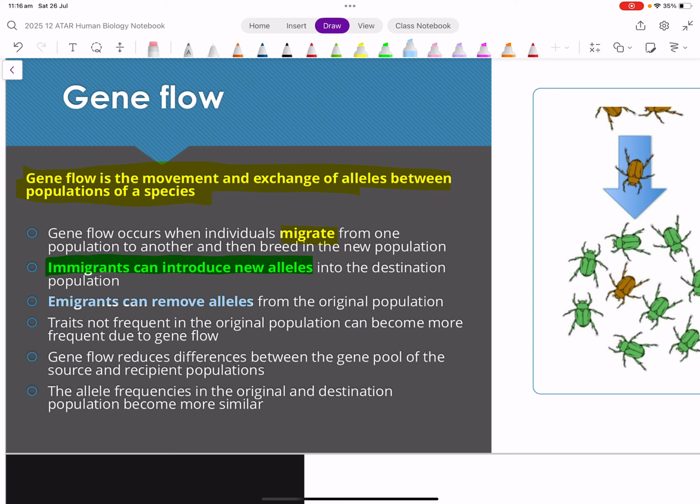Now, what occurs commonly with gene flow is that it's going to reduce the differences between the gene pool of the source and the recipient populations as these genes migrate from one population to another. And what happens is that the allele frequencies between the two populations, being the original and the destination population, generally over time will become more similar.